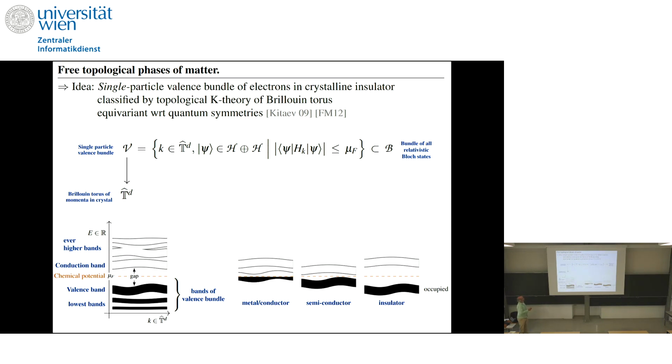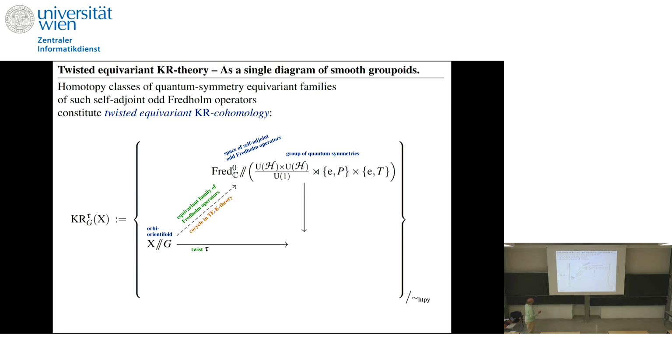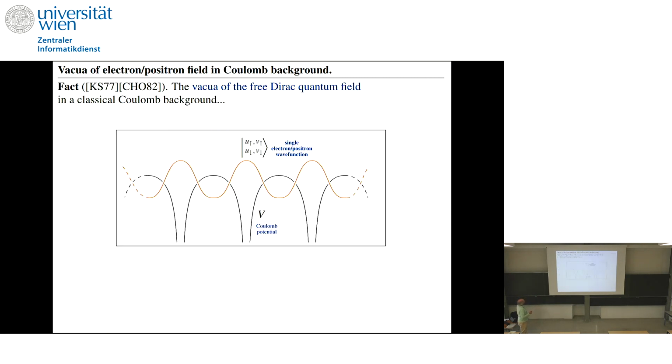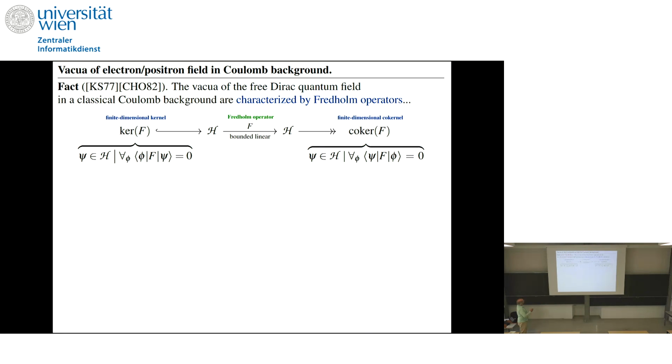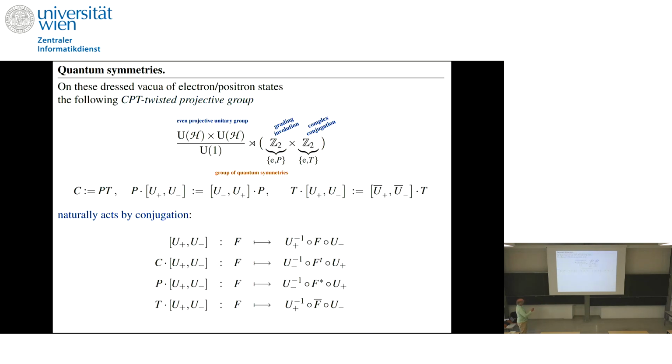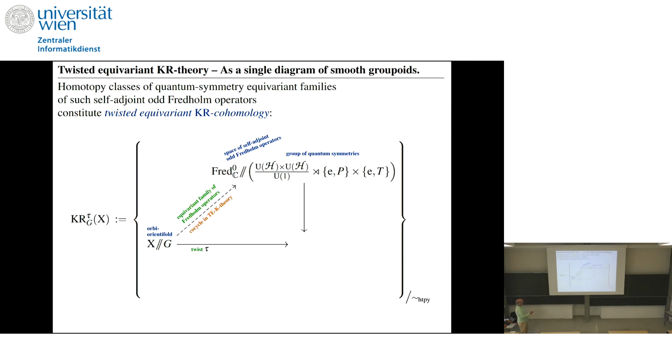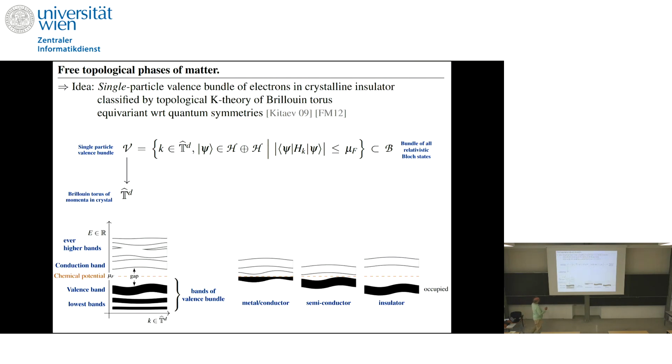And so these single electron states form some complex vector bundle over the Brillouin torus. And the idea is, by the previous argument, that if you start from the physics here and go through, okay, it's classified by Fredholm operators, so we just parameterize them over the orbifold, then the deformation classes of such bundles should be in the twisted K-theory of that Brillouin torus, which classifies exactly these bundles.